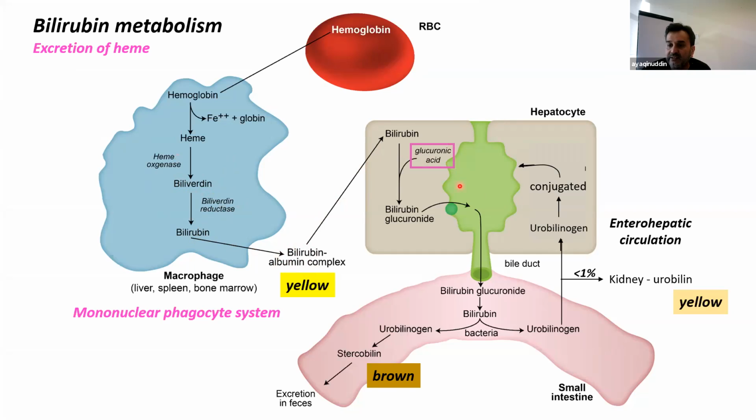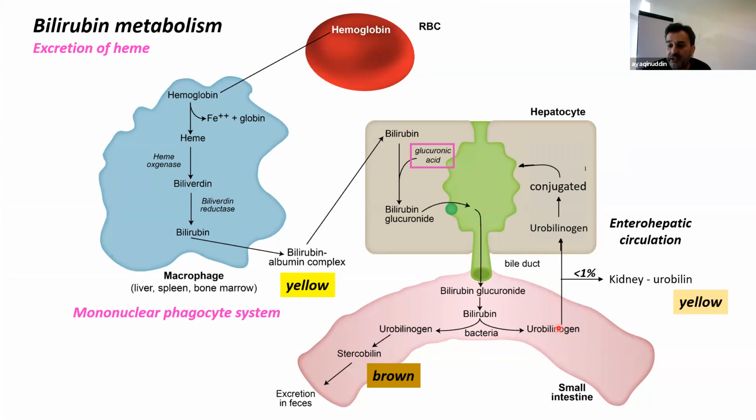In the hepatocytes, this bilirubin gets conjugated to bilirubin glucuronide, and then it is secreted into the bile. The reason you see the yellow color of the bile is that bilirubin gives the pigmentation to the bile. Once the bilirubin reaches the intestine, it is acted upon by the bacteria in the small intestine and converted into urobilinogen.